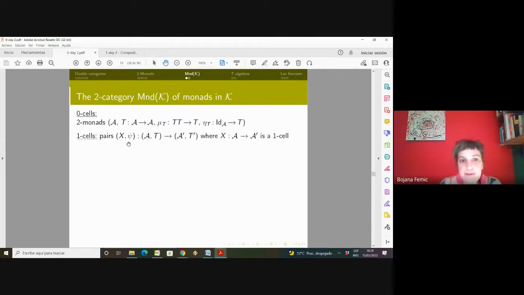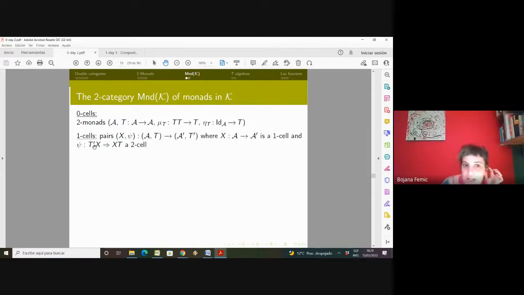One cells are pairs, X and psi, going from a monad T on A into a monad T prime on A prime, where now X goes from zero cell A to A prime, and it is a one cell, and psi goes from this composition T prime X into XT.